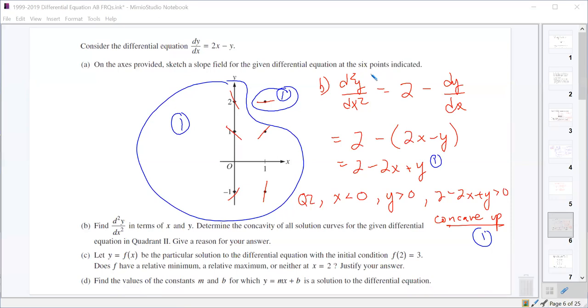As far as I can see, I don't offhand see another way to do it. Did you try to do that one a different way? Yeah, if you want to tell me what you did, I can let you know if that's right. But I don't offhand see another way.